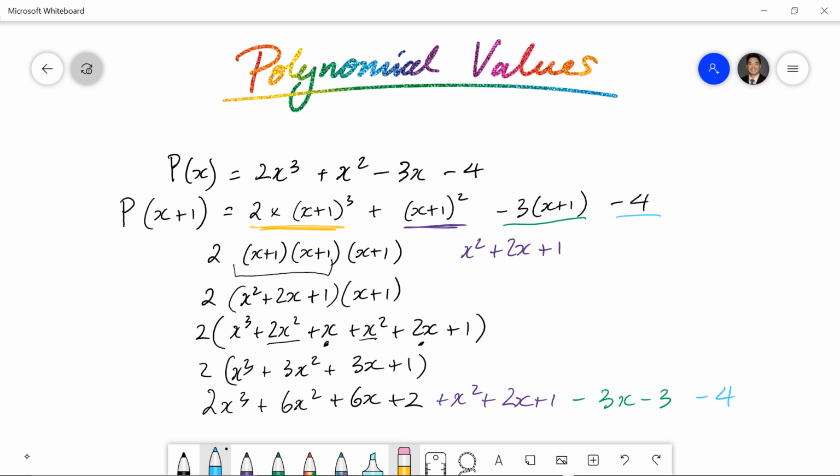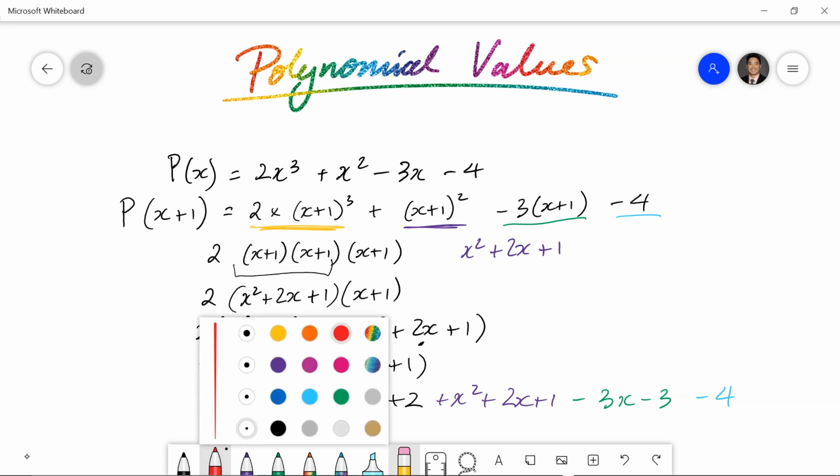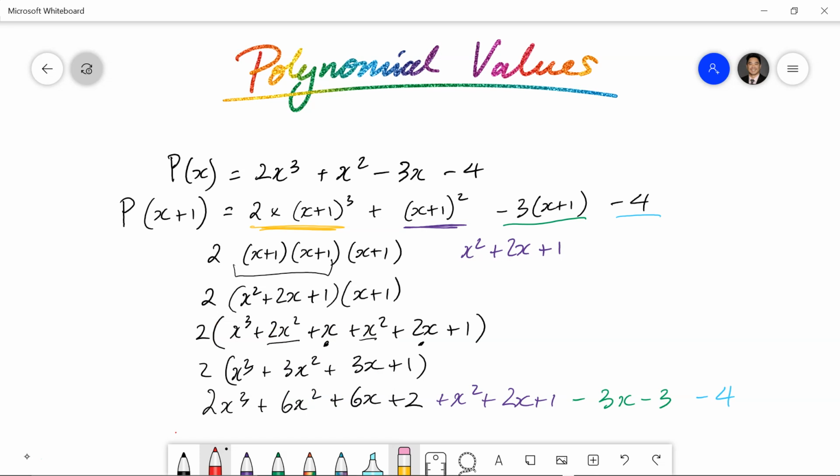Now that you've got all of that, we're going to simplify everything and combine like terms. Do we have any other cubed? No, we don't, so 2x cubed remains as is. We have a 6x squared plus an x squared, so that's going to be 7x squared. Then we have a 6x plus a 2x minus a 3x.